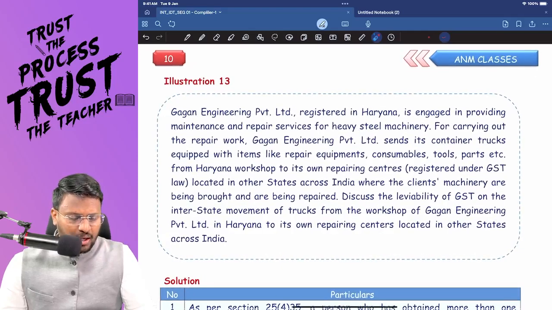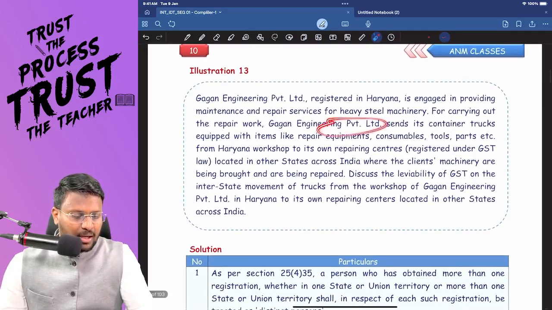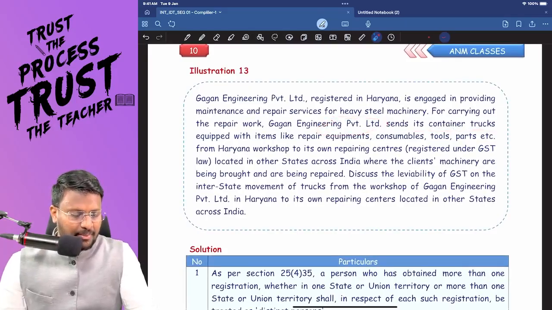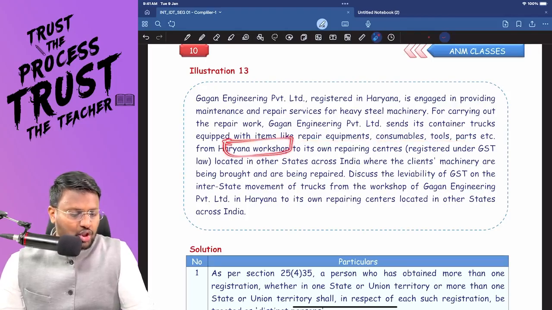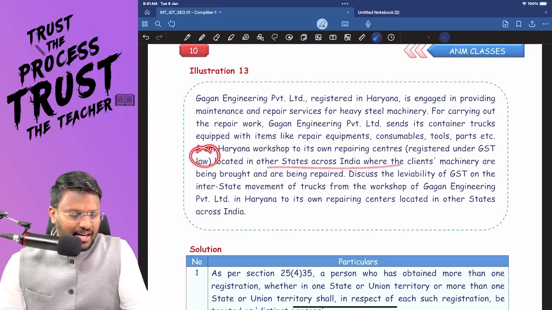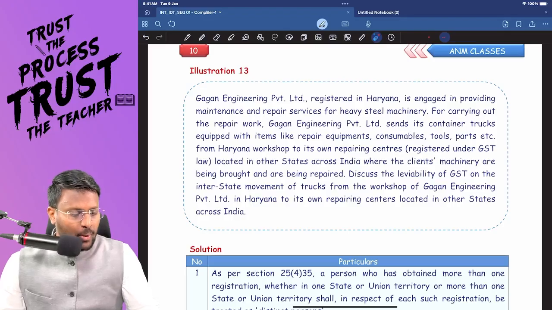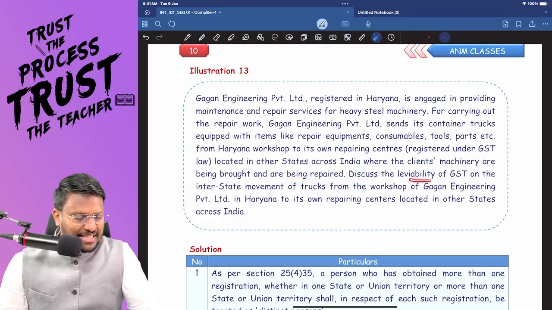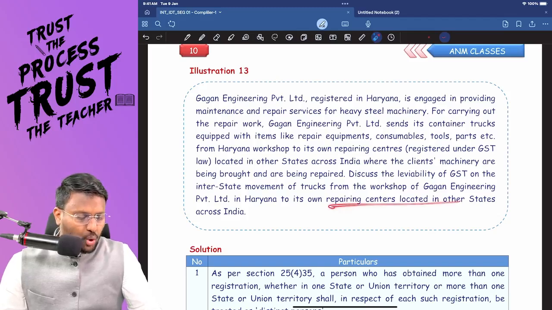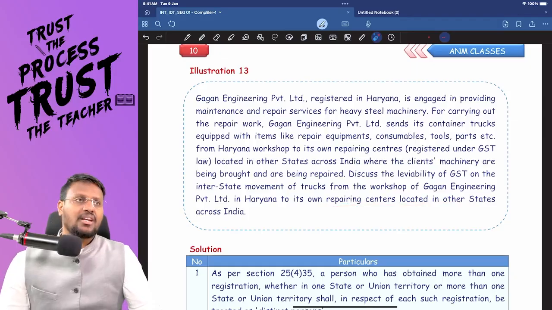For carrying out the repair work, Jagan Engineering Private Limited sent its container truck equipped with items like repair equipment, consumable tools, parts, etc. from Haryana workshop to its own repairing center registered under GST law, located in another state across India, where the client's machinery are being brought and are being repaired. Discuss the leviability of GST on the interstate movement of truck from the workshop of Jagan Engineering Private Limited in Haryana to its own repairing center located in another state across India.